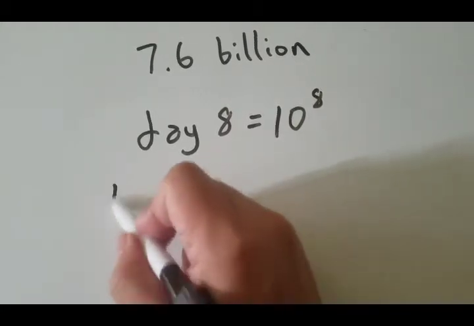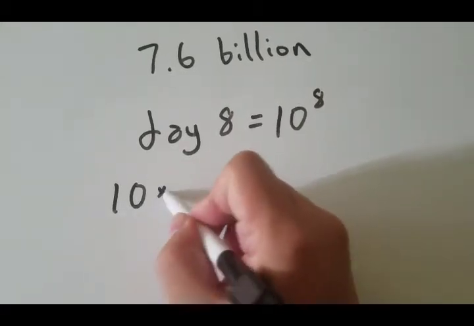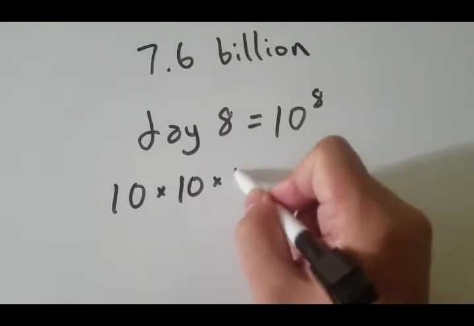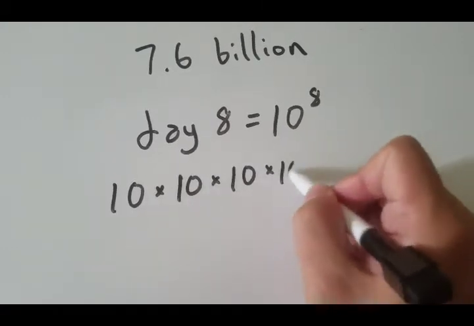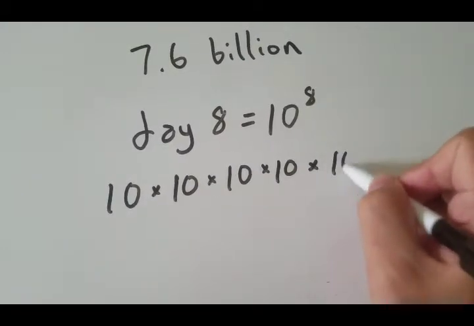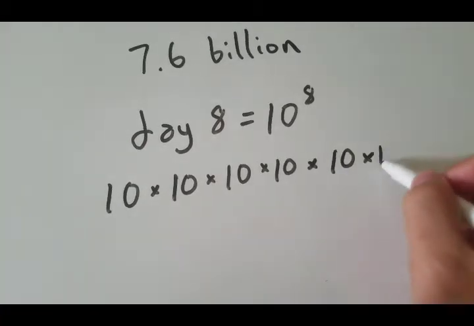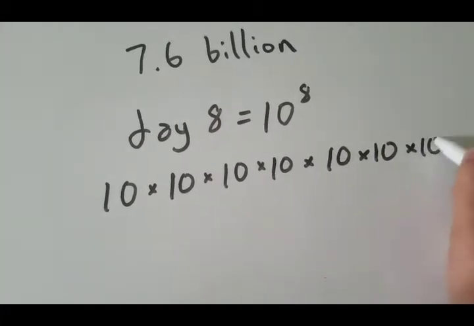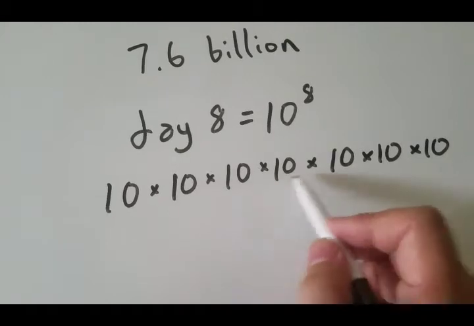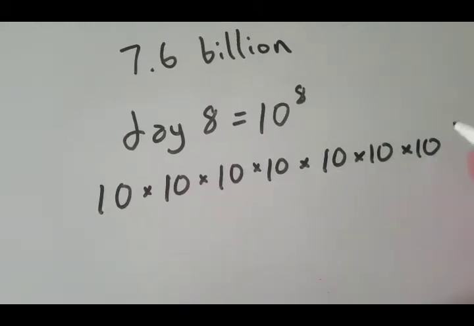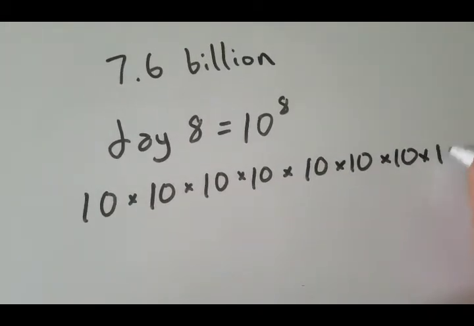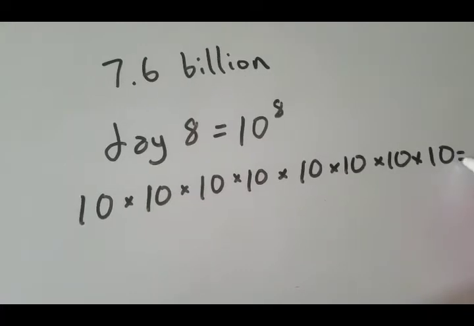So that also means 10 times 10 times 10 times 10 times 10 times 10 times 10, 1, 2, 3, 4, 5, 6, 7, and one more times 10 equals.